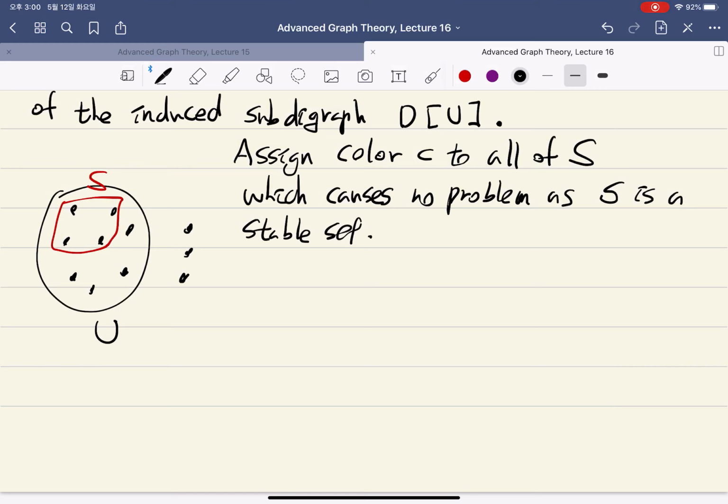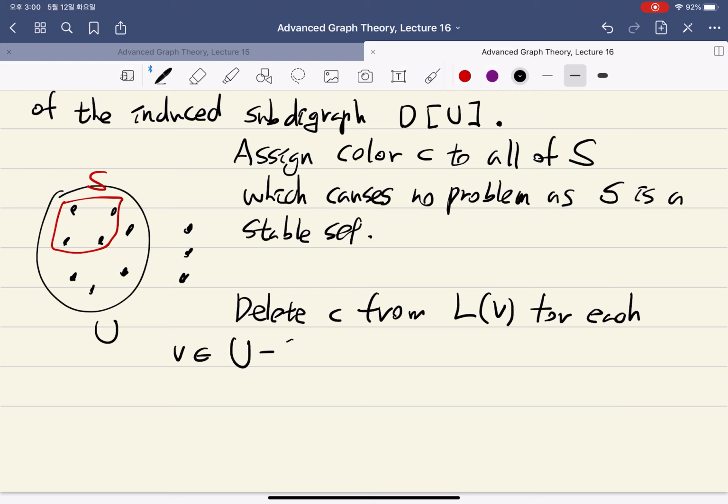And we delete C from the list of V for each vertex V in U minus S. So for all these vertices, we delete the color C.